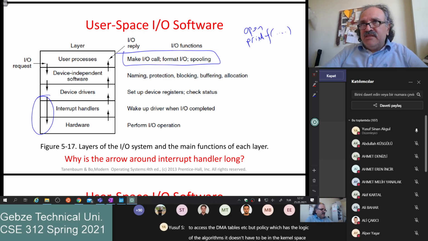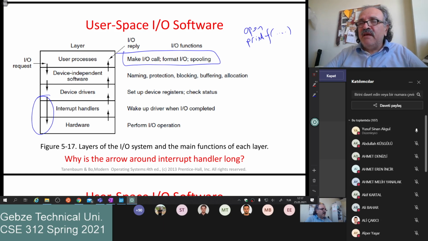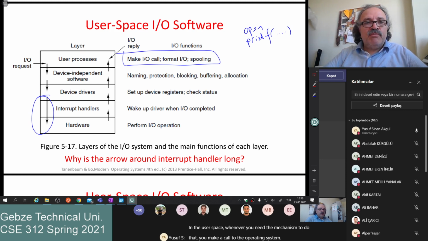It makes logical decisions. It is complicated code and possibly includes lots of bugs, but I don't have to run everything in the kernel space. Run those policy algorithms in the user space. Whenever you need the mechanisms, you make a call to the operating system. So keep the operating system smaller, keep the kernel smaller. That's the idea.